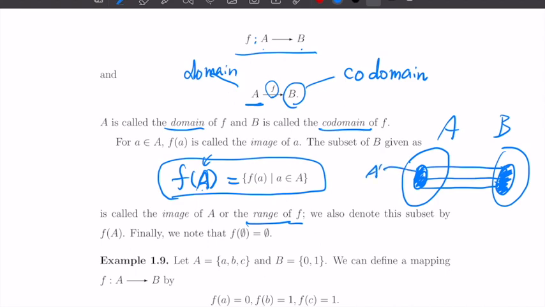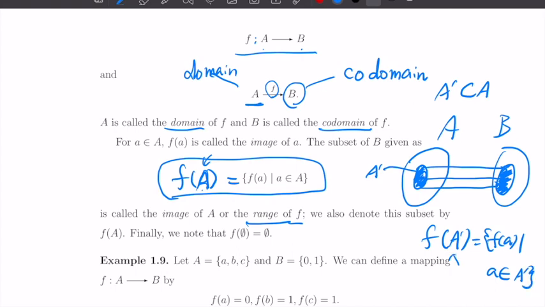So A prime is a subset of A. We can write F of A prime. So this is a subset of B defined for each element of A prime.